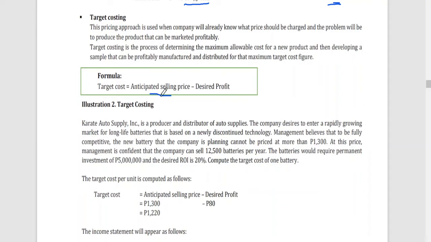Or if you are selling cakes, and in the market, their cakes range from 300 to 400 pesos. So you have set that you should sell within 300 to 400 pesos, depending on the style, depending on the size. For example, I want to sell my cakes at 400 pesos.